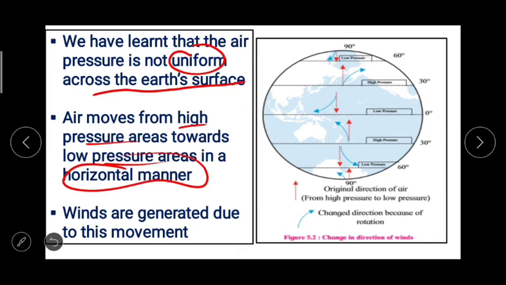Winds are generated due to this movement. Here you can see again in the image in detail the change in direction of winds.